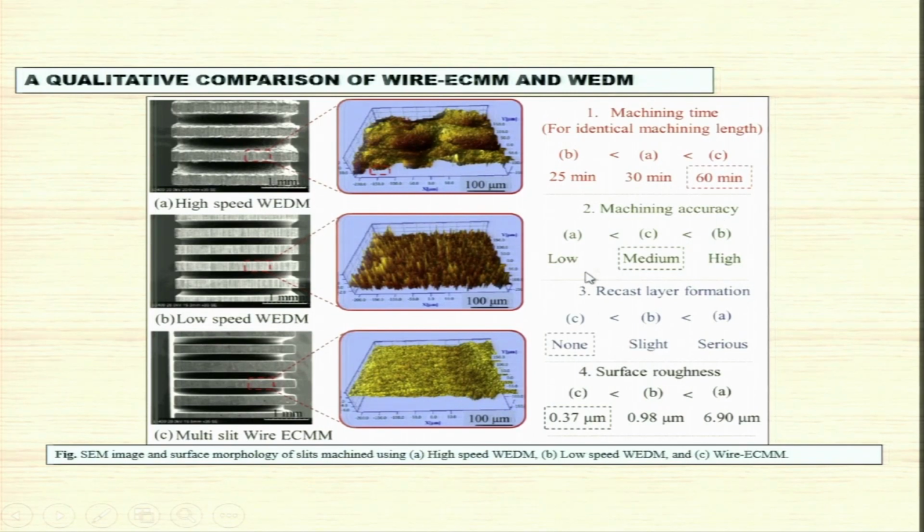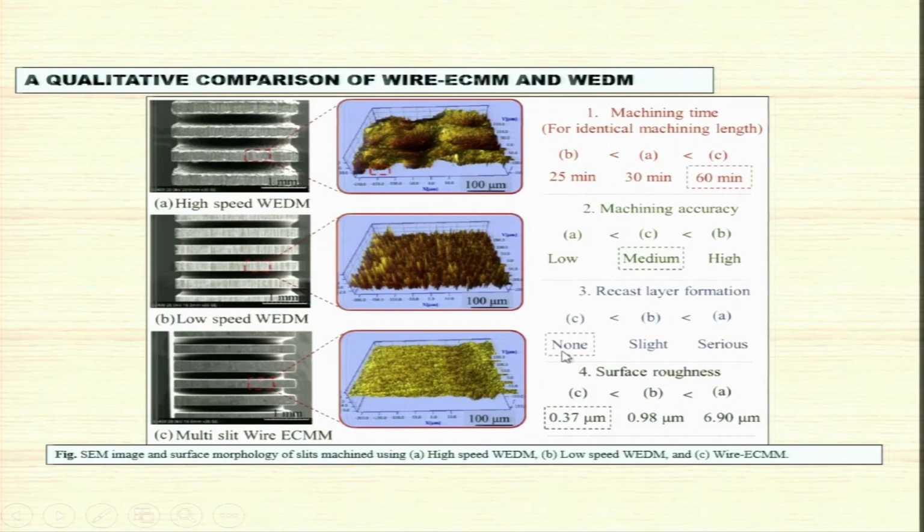Machining accuracy in A is lower than C, lower than B. Machining accuracy is high in case of low speed wire EDM, and it is low in case of A, that is high speed wire EDM, and this is medium in case of wire ECMM process.